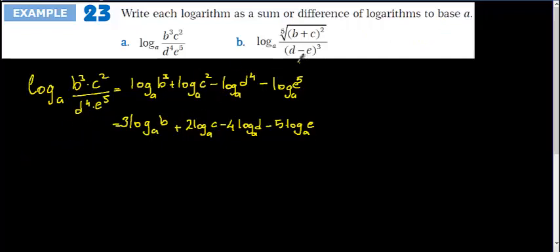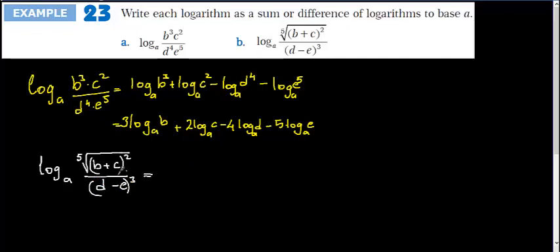The question is asking this one. What about the next one? For logarithm base a, here this is the 5th root of b plus c squared over d minus e cubed.